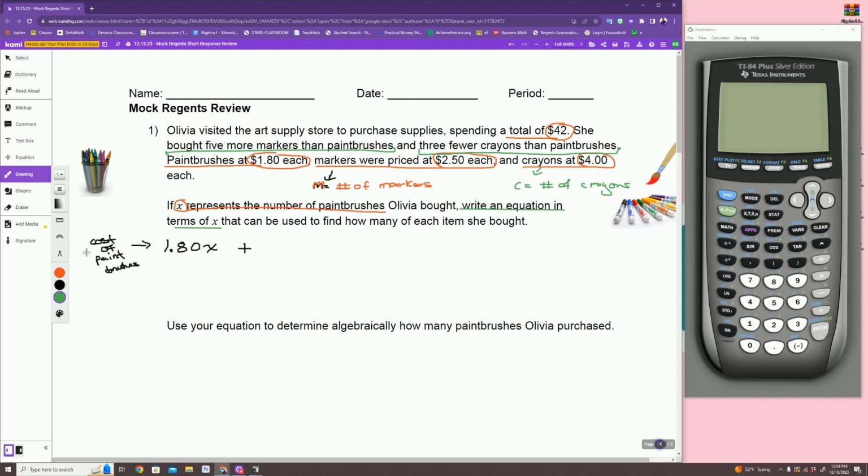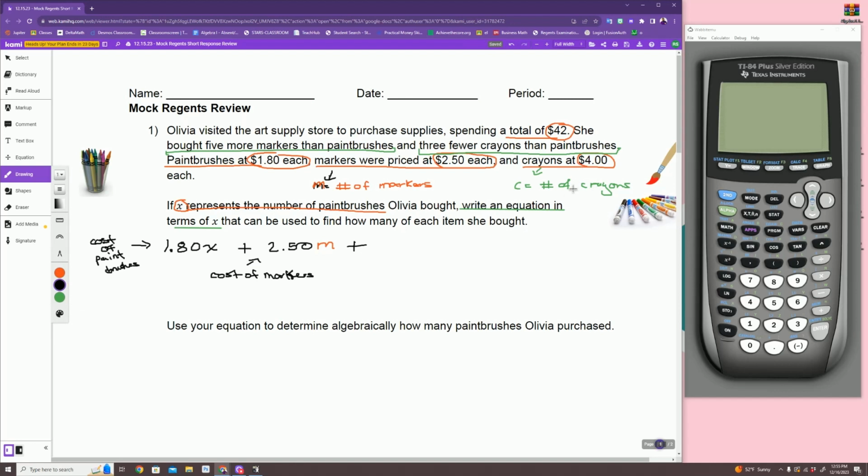Good. So markers were $2.50 each, so we're going to do 2.50 times the number of markers, which is M. And this here represents the cost of markers, plus the cost of crayons.